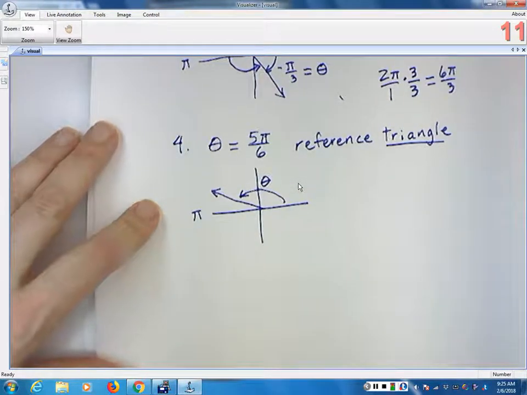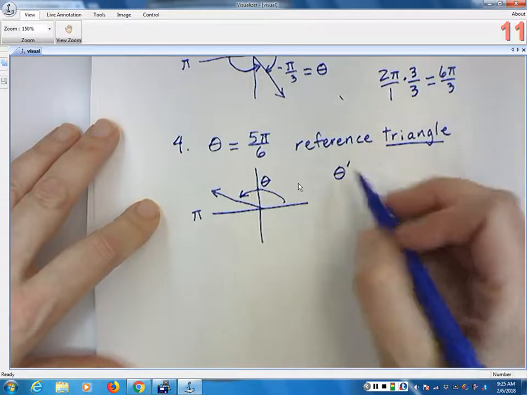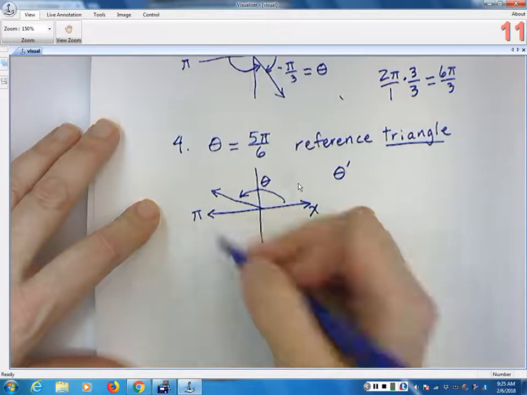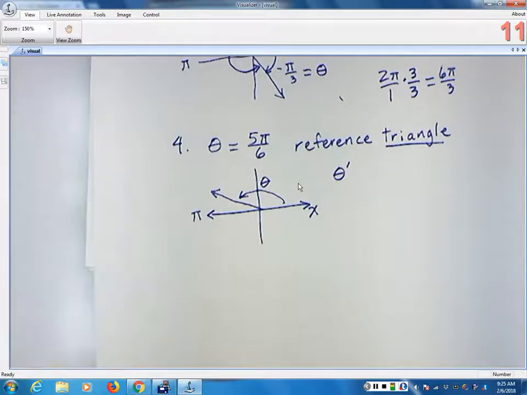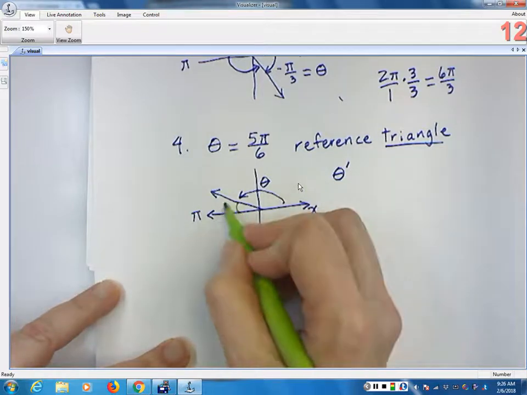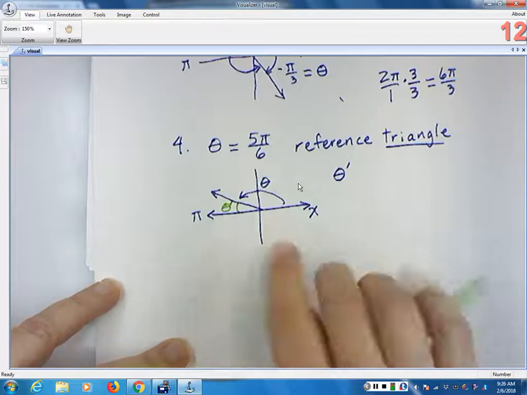Okay? The reference angle, theta prime, is always with the x-axis. It doesn't have to be the positive x-axis, so let me get another color. So this is going to be theta prime. So how do you find that?